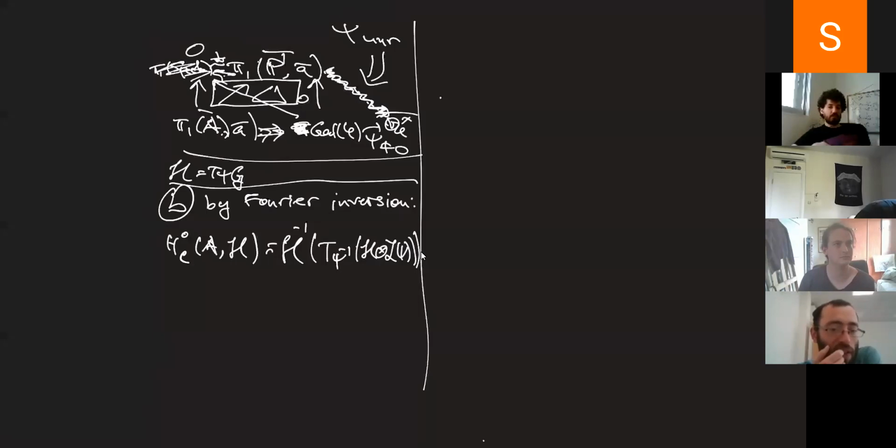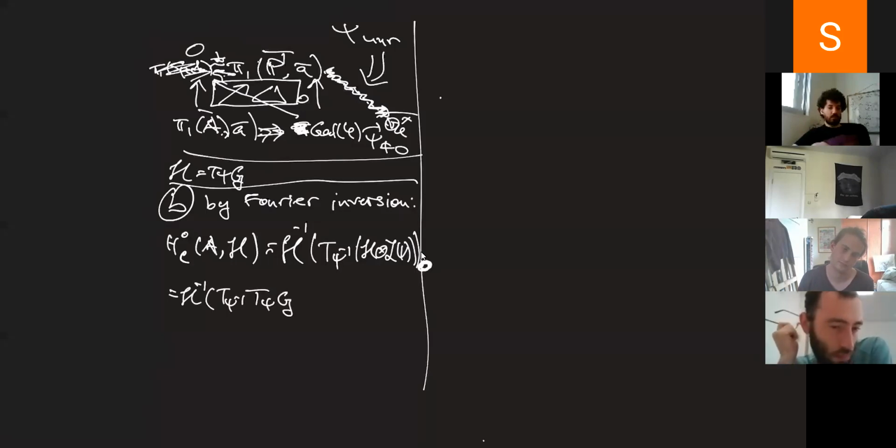Correct me if I'm wrong. Yeah, and the stalk at 0. So I'm using the formula for the stalk of the Fourier transform and Fourier inversion. So this is the same thing as the -1 cohomology of the Fourier transform inverse of the Fourier transform of G tensor L psi at 0.